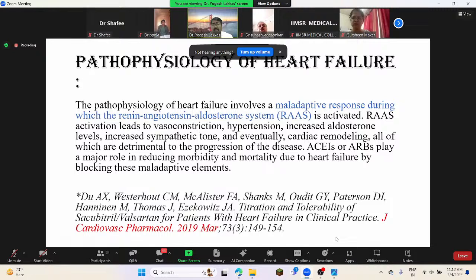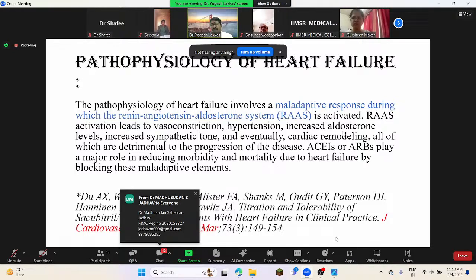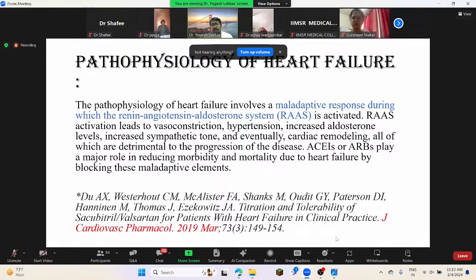So these are the aspects we can act upon, and we can have newer, safer, more important molecules that can have multiple pleiotropic effects. That's why everyone has to know the RAS and alternate RAS pathways. RAS pathways we all know, but the alternate RAS pathway is also equally important in this scenario.